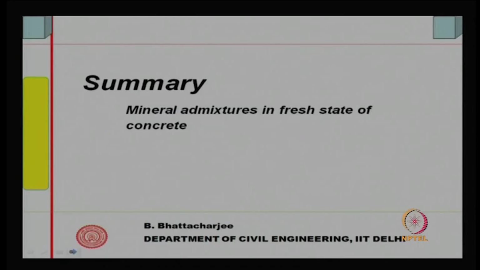No such things are seen from GGBFS. In fact, GGBFS will give you an opposite action.